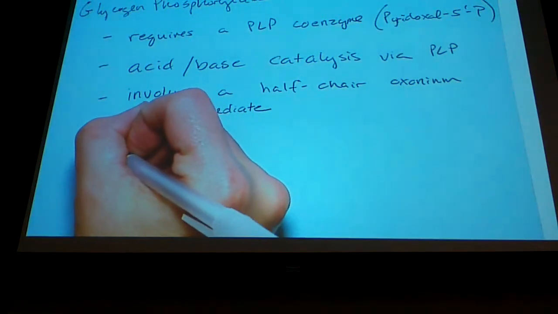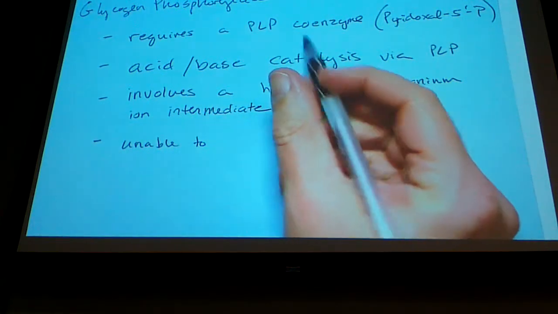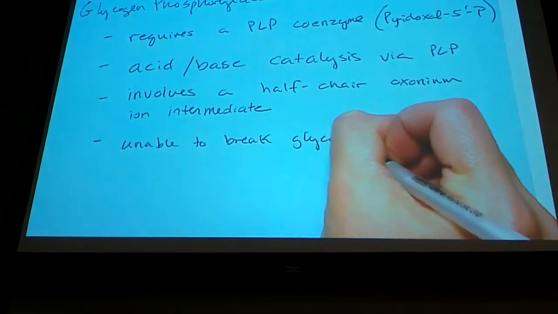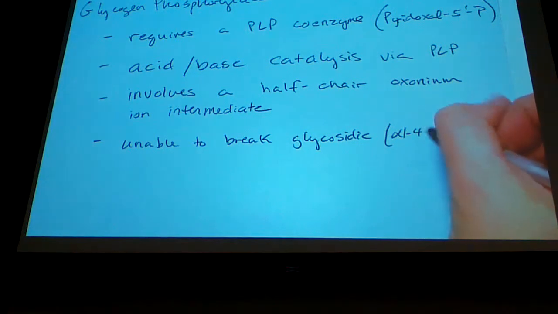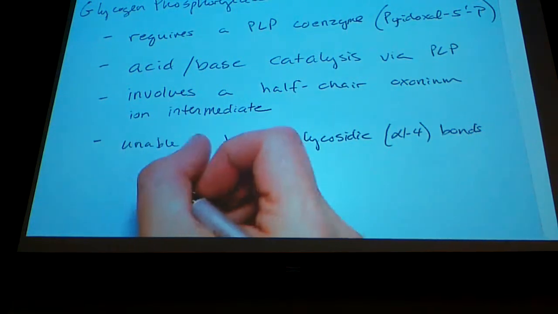And the last thing you should know about this enzyme is that it is unable to break glycosidic bonds, and that's alpha 1,4s that we're doing right now, closer than 5 residues to a branch.